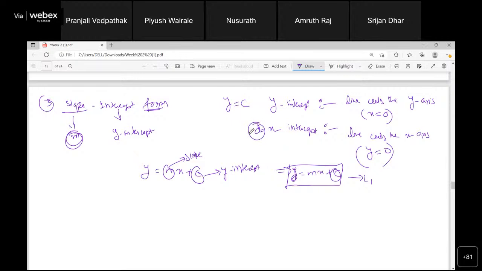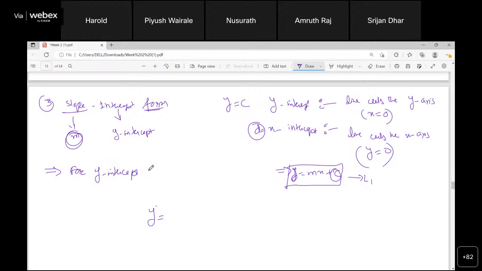X-intercept is d. In that case, what will the equation be? y equals mx plus d. Let me write it in the proper way: y is equal to m of x minus d. So for the y-intercept, that is y equals mx plus c.